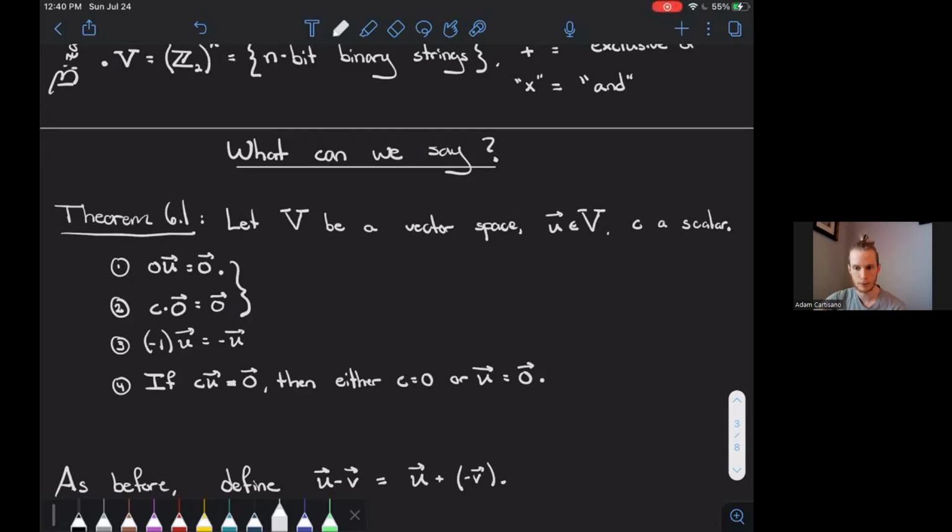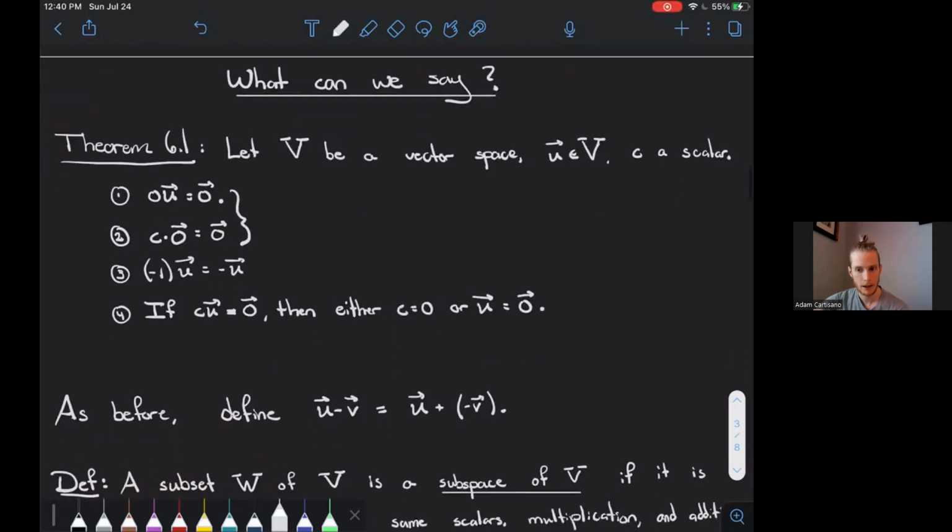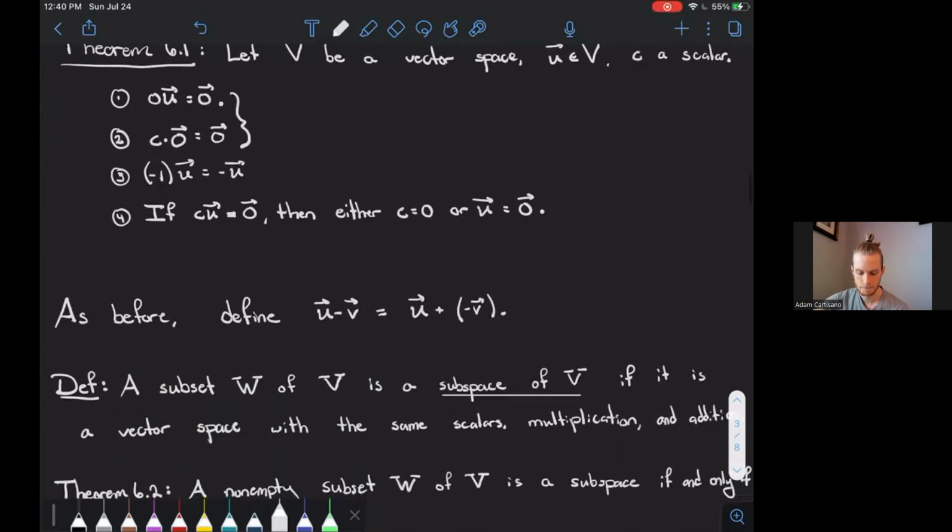Either you were multiplying by the scalar 0, or you are multiplying some number times the 0 vector. And this is not an exclusive or. You can also do 0 times the 0 vector, right? So at least one of those is true. The mathematical sense of the word or.